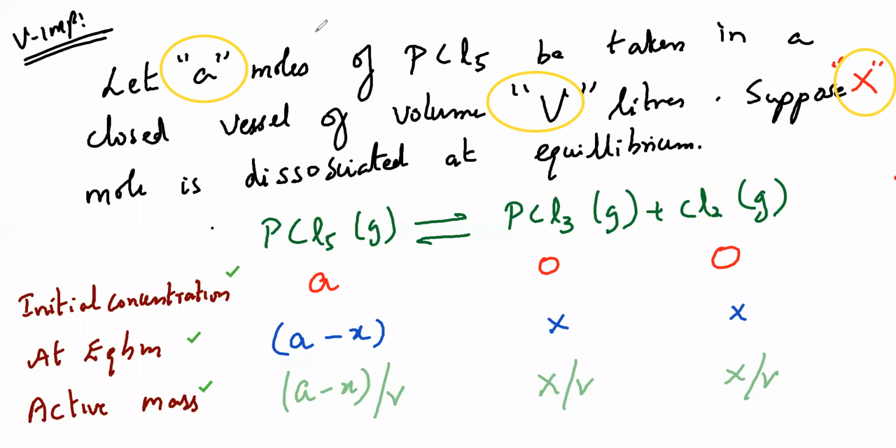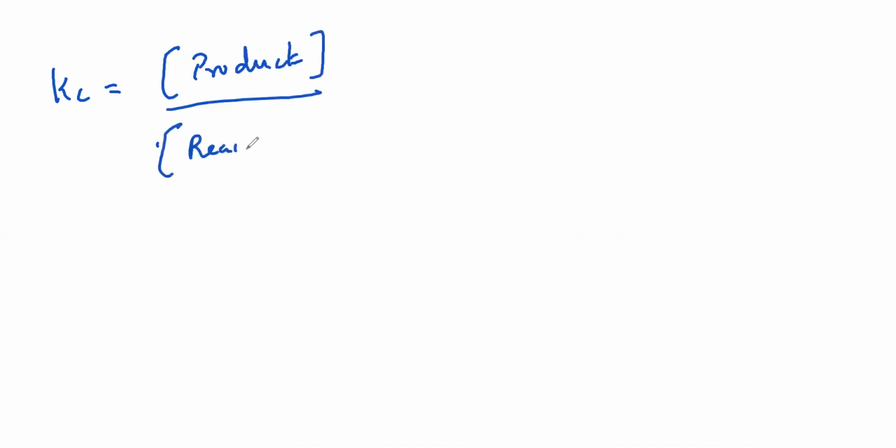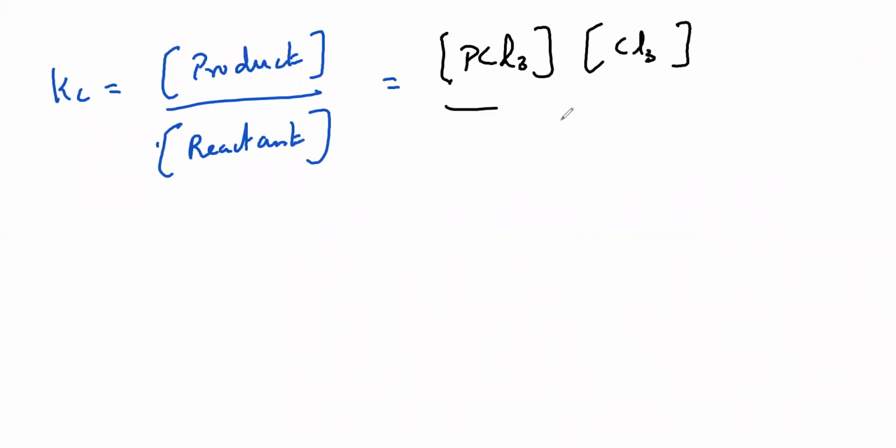That's it. Okay. Now, suppose they tell us to find Kc. What is Kc? Product by reactant. So products, we got two products here: one is PCl3, another is chlorine gas, and the reactant is PCl5.